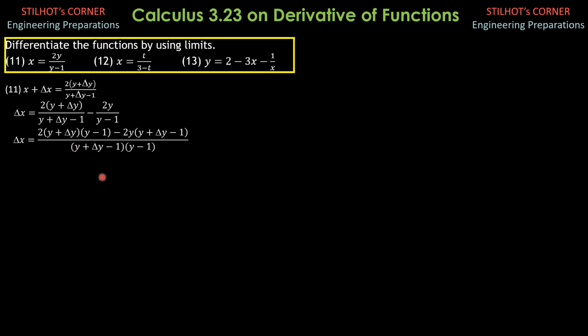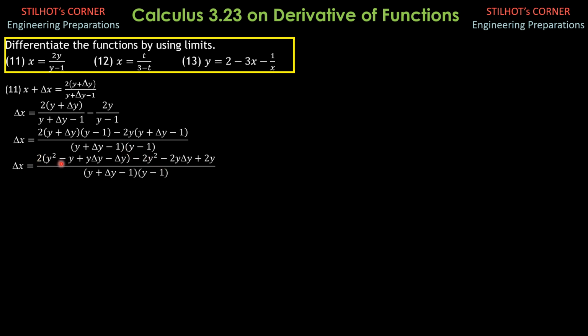Distribute and simplify. Delta x equals 2 times y squared minus y plus y delta y minus delta y minus 2y squared minus 2y delta y plus 2y all over LCD quantity y plus delta y minus 1 times y minus 1.